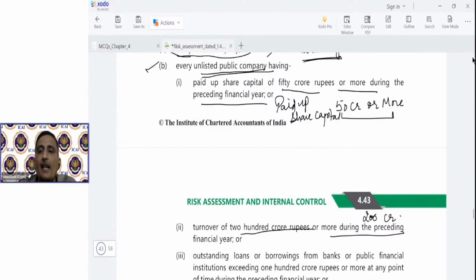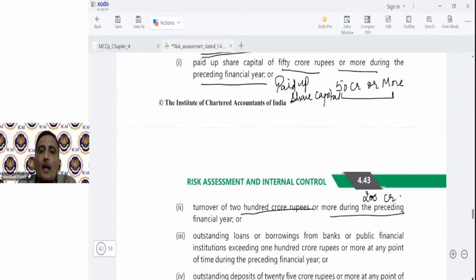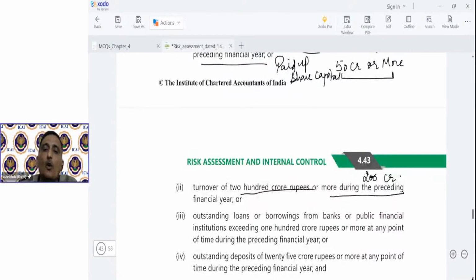Number 3, outstanding loans or borrowings from banks or financial institutions exceeding 100 crore or more at any point of time during the financial year.